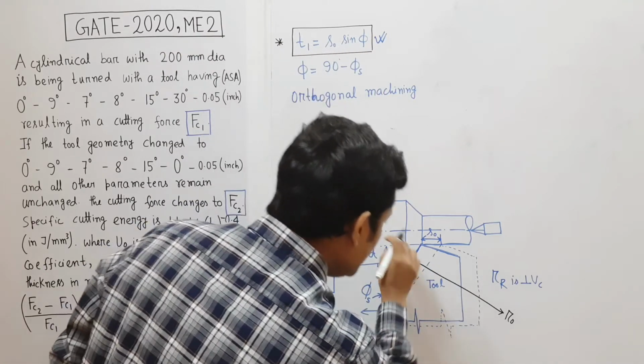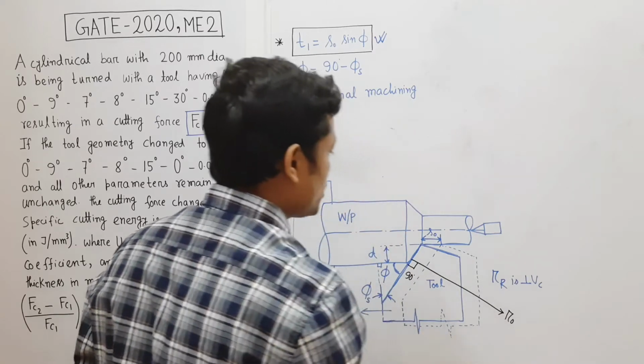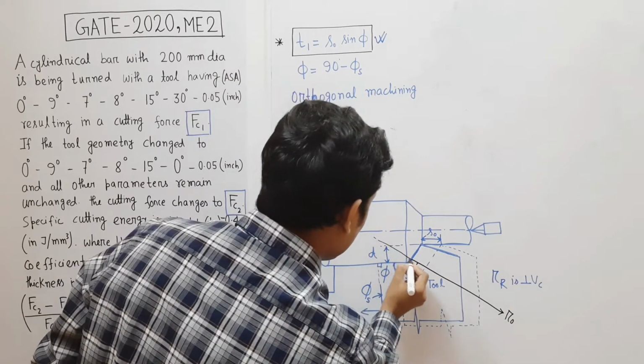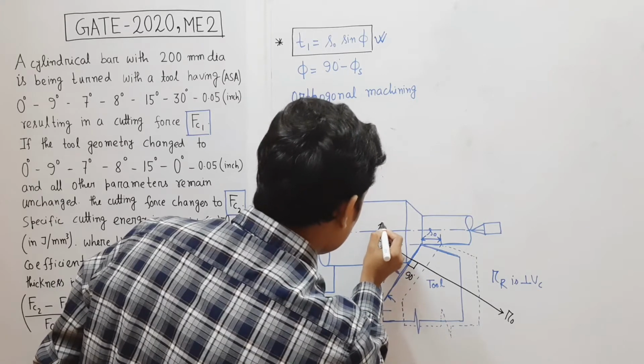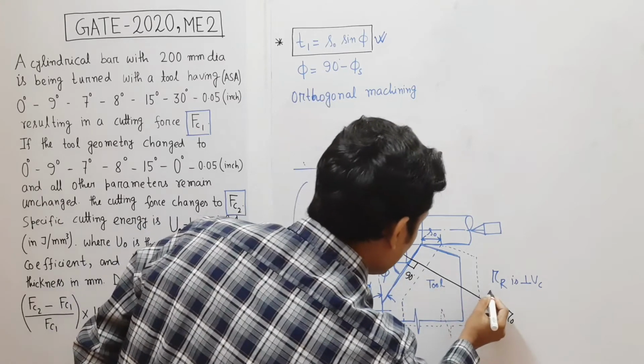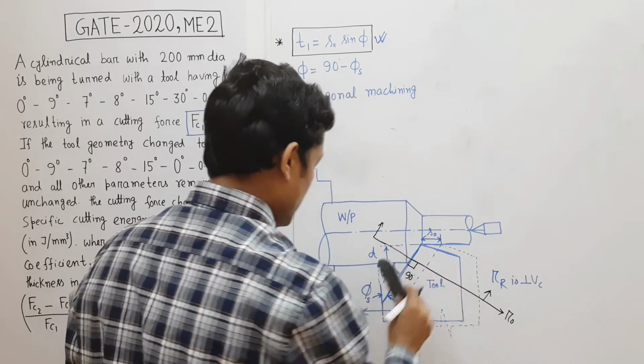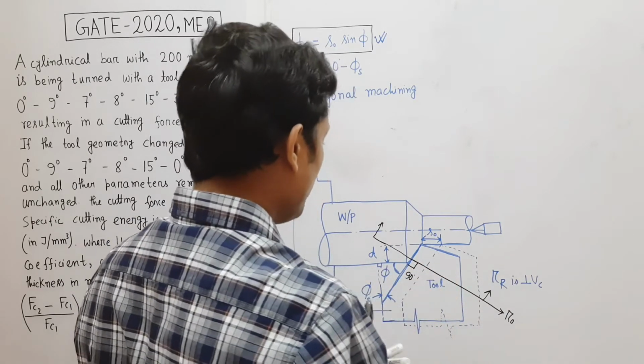So if the chip is flowing through the orthogonal direction, that is, the chip flows along this direction, then we are taking a section along the orthogonal plane. We have chosen a section along this, and let us draw how it looks.